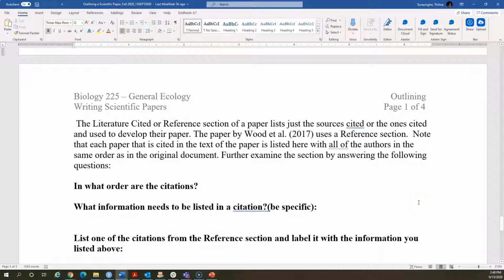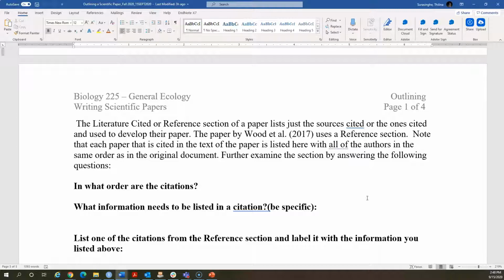It is a list of just the sources cited and used to develop the paper, meaning whatever you cite in text in the introduction, discussion for the large part, and sometimes in the methods part, whatever literature you cited over there, you must list all of them at the end within literature cited or under references, right, or under bibliography.